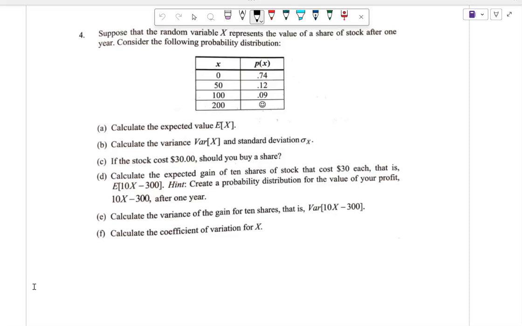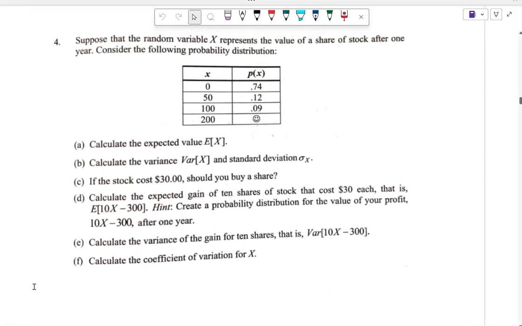Okay. All right. So let's just remind ourselves about different ideas here through the course of this problem. We've got a probability distribution for the value of a share of stock after a year. They tell you the probabilities for 3 of the 4 possibilities. Of course, we can figure out the 4th by doing what?